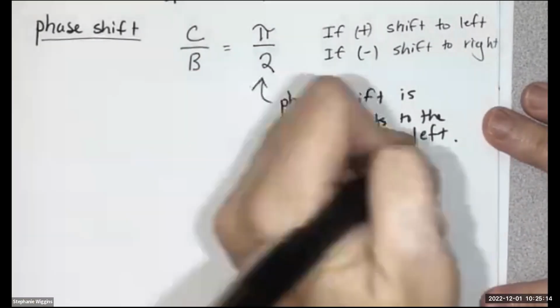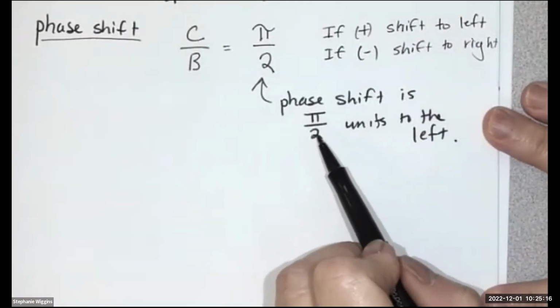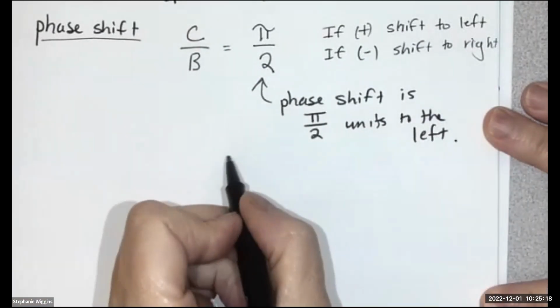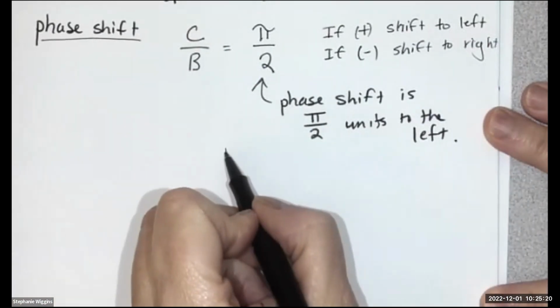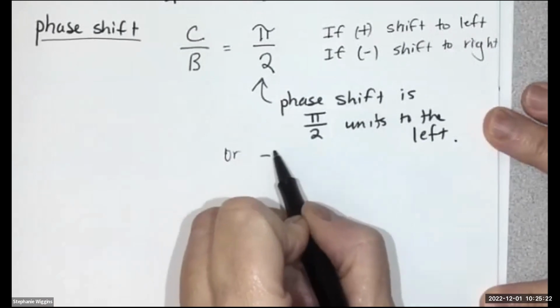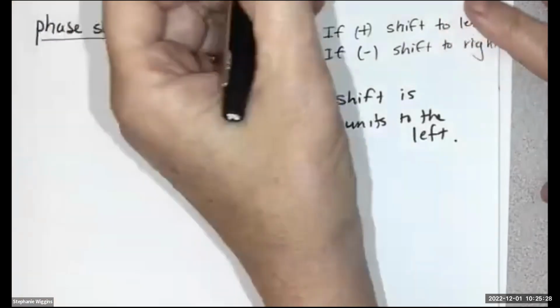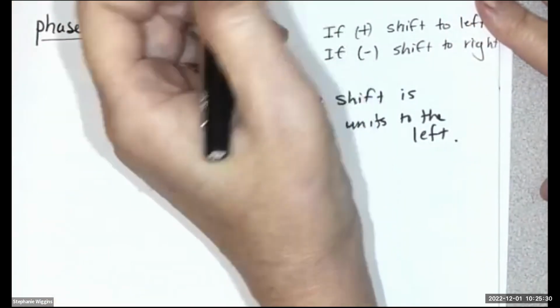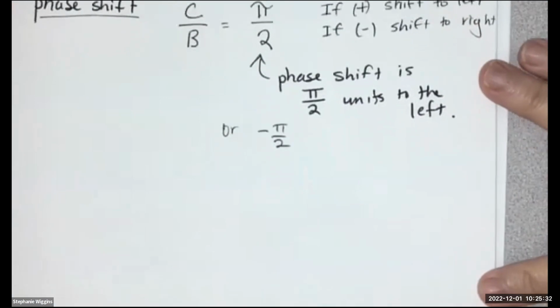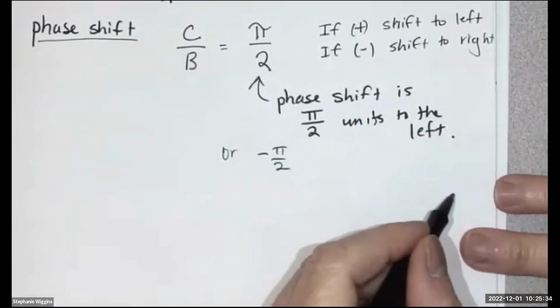So I guess the phase shift is pi over 2 units to the left, and you would say, or negative pi over 2. So I think your book says takes the opposite sign. So let me just go over that so I'm not confusing you.